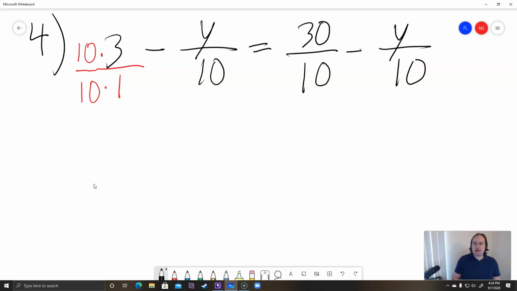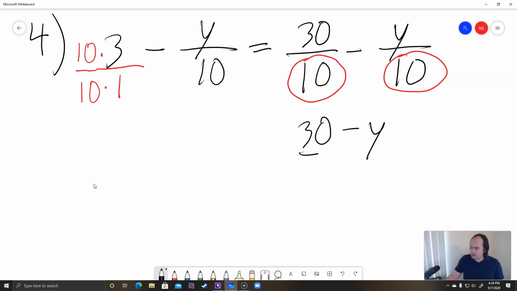And then now these have the same denominator, so they're actually like fractions. And since they're like fractions, we keep the denominator and then we subtract on the top. So on the top we have 30 minus y, and on the bottom we have 10. Okay? And because 30 and negative y aren't like terms, we can't combine these.